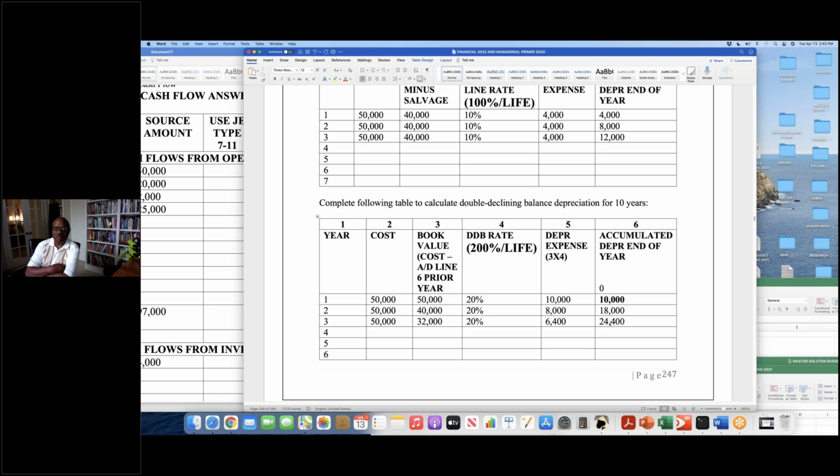So first number will be 50,000 again. Then it will be 25,600. You got 25,600, 50 minus the 24 from the prior year. 20%, correct?